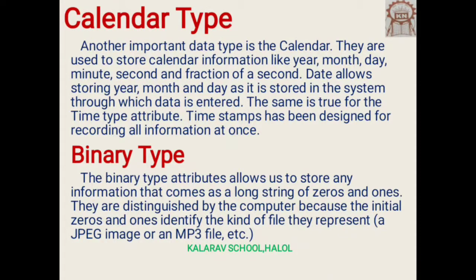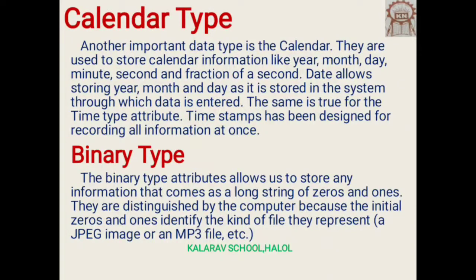Calendar type. Another important data type is the calendar type. They are used to store calendar information like year, month, day, minute, second and fraction of a second. Date allows storing year, month and day as it is stored in the system through which data is entered. The same is true for the time type attribute.